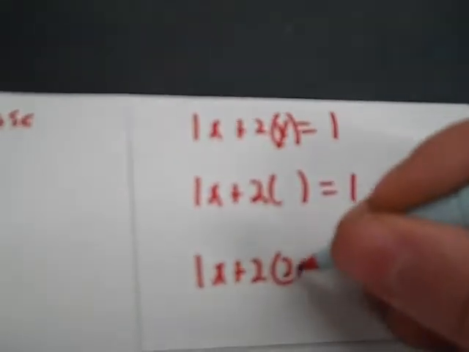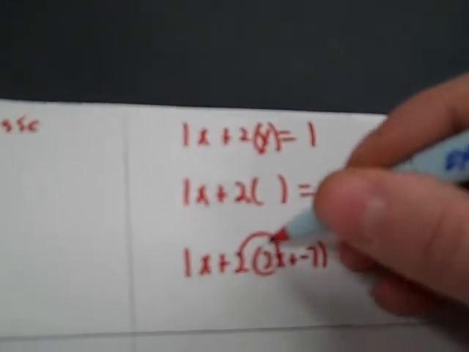Now I need to replace that parentheses, so I got 1x plus 2, and then when I get to the parentheses, I'm just going to leave it open, equals 1. Now make that so it's wider, so 1x plus 2 equals 1. Because we need to put what the y equals, which is 2x plus negative 7.